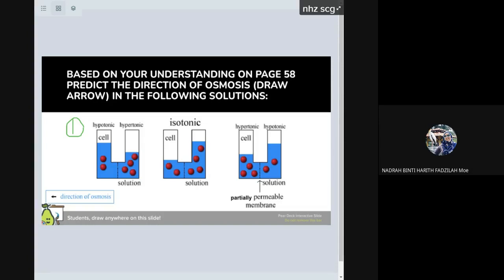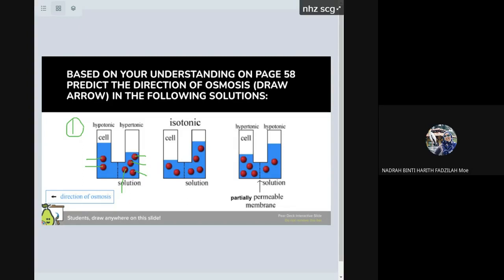Okay, when we talk about solute concentration, we talk about how many solutes. Bulat-bulat merah ni adalah solute. Solute ialah bahan yang terlarut dalam air, substance yang terlarut dalam air.